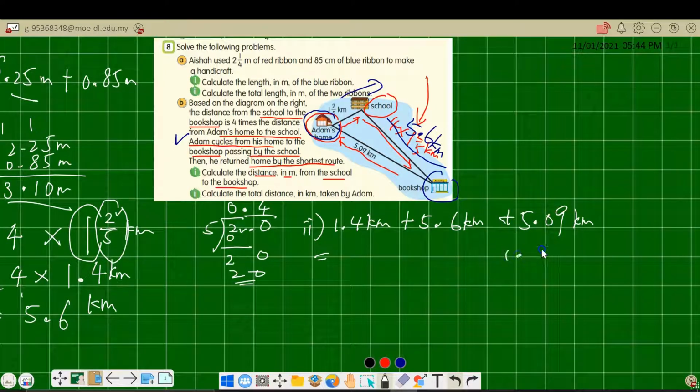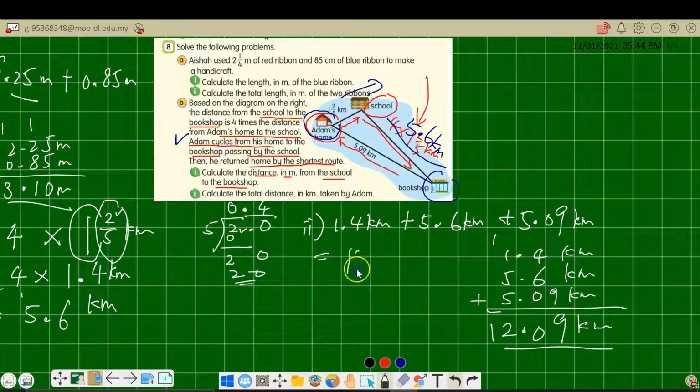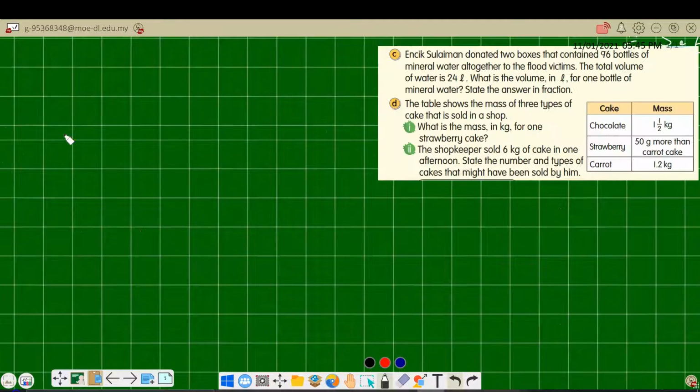So you just add this 3 here. Okay, this is 9. 6 plus 4, 10. So total is 12.09 kilometers.